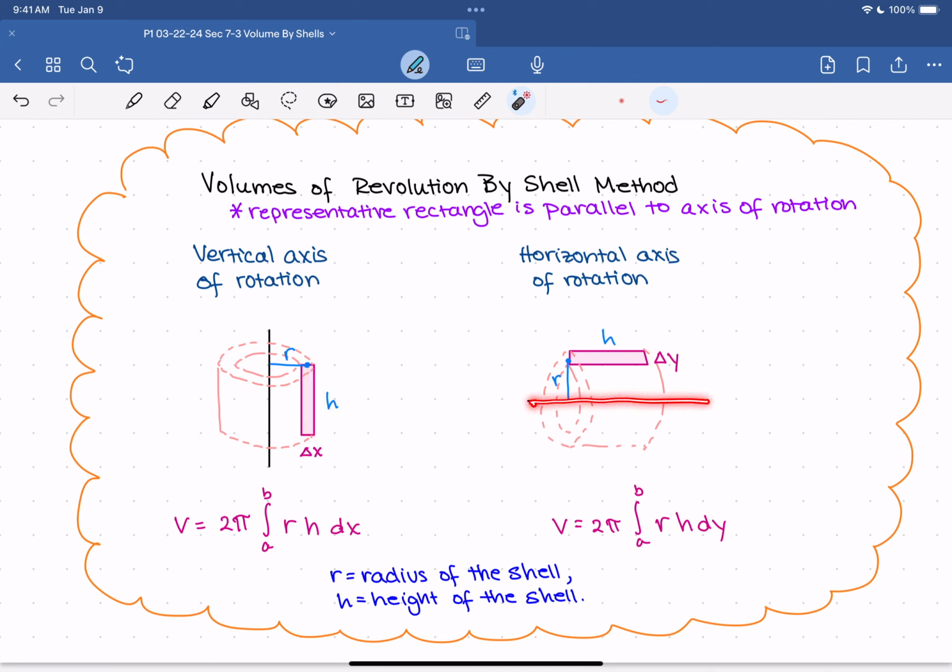Even if it's going horizontally, your rectangle would go horizontally, but your radius still goes from the axis of rotation to the rectangle, and your height is still the length of the rectangle. And notice, by the way, that means you're always going to have either the radius or the height vertical, and then the other one goes the other way. Radius is horizontal, height is vertical, or radius is vertical, height is horizontal. So you actually are going to have a mixture of right minus left and top minus bottom when you're putting your equation together here.